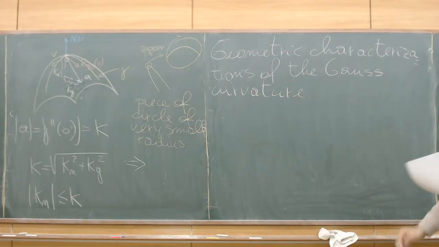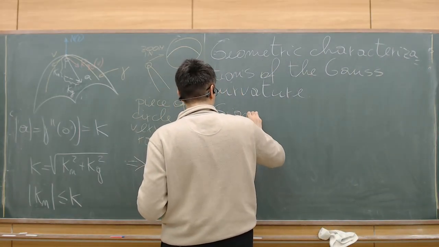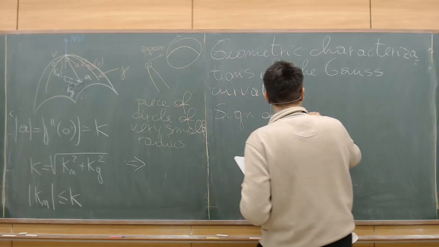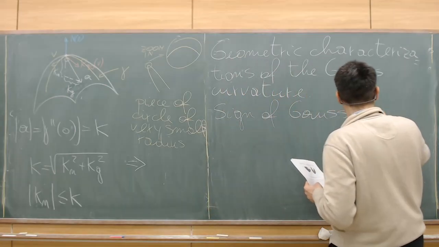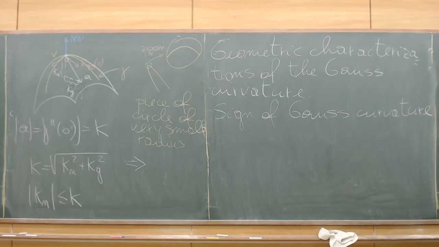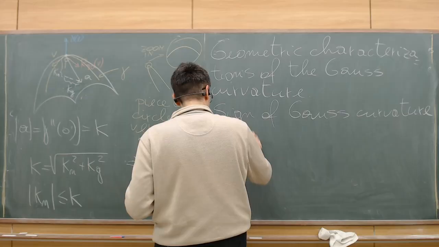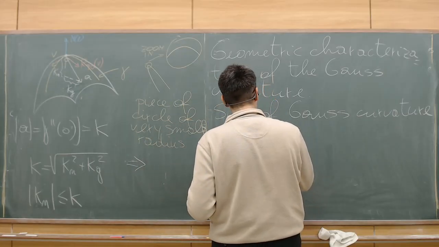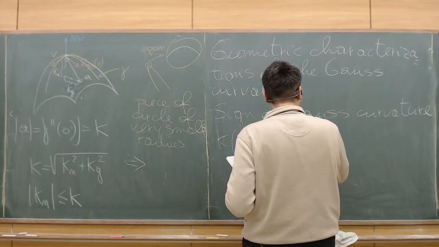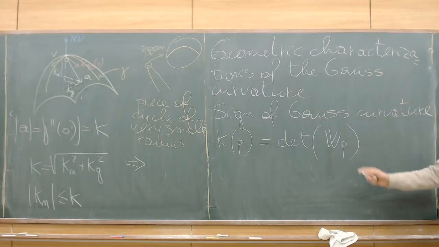Let's start by studying the sign of the Gauss curvature. Okay, by definition, K at the point P is the determinant of the matrix representing the Weingarten map. So we write it this way.